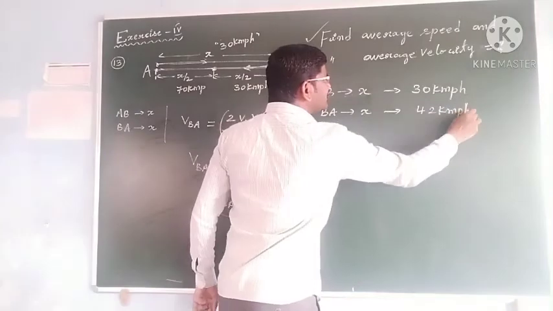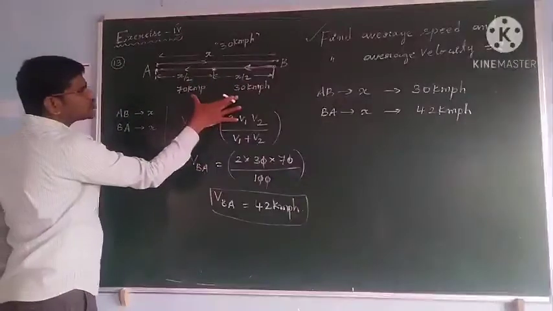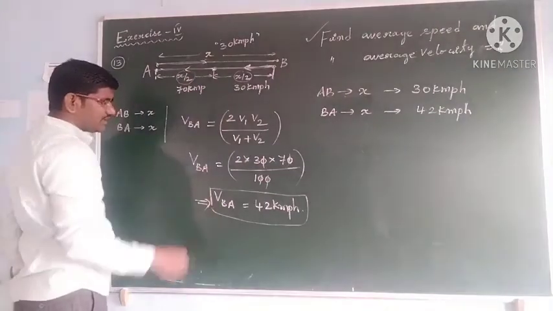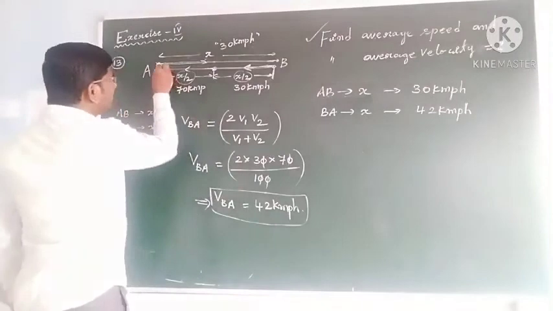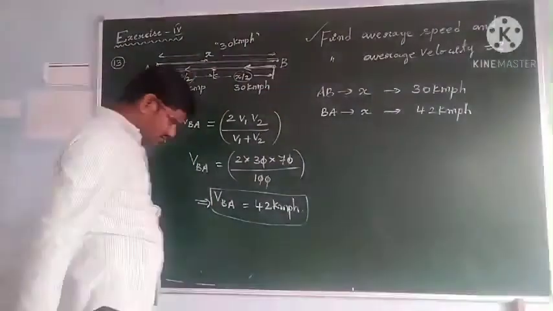Okay, students, since in the B to A journey two speeds are there with equal distances, we found its average speed. So now A to B I know the speed and B to A also I know the average speed.